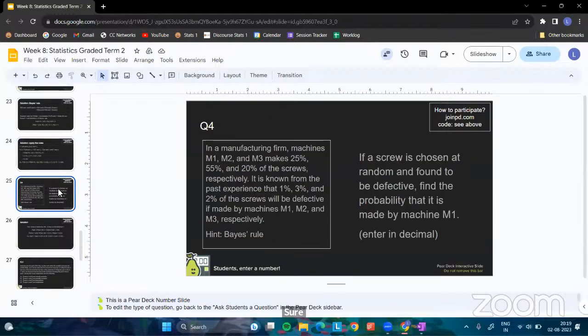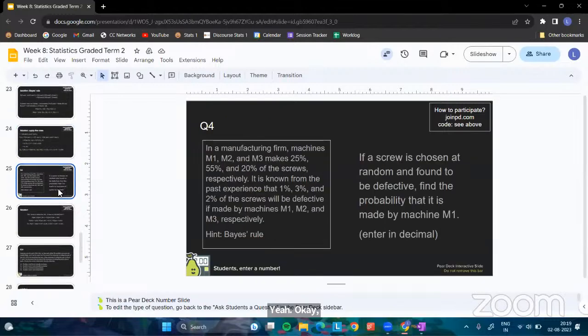Okay, so now we'll move on to question 4. In the manufacturing firm, this is the same description as prelude 1 to question 4.